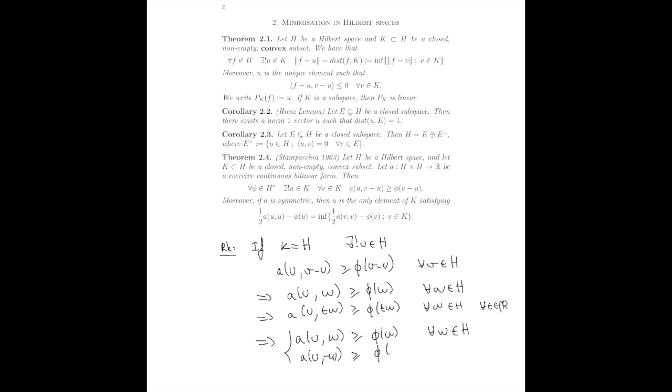And then by linearity of phi and by linearity of A, I can multiply all of that by -1 and get the opposite inequality, and therefore that gives me that A(U, omega) is equal to phi(omega) for every omega in H. So this means here that Stampacchia's theorem really implies the Lax-Milgram theorem.